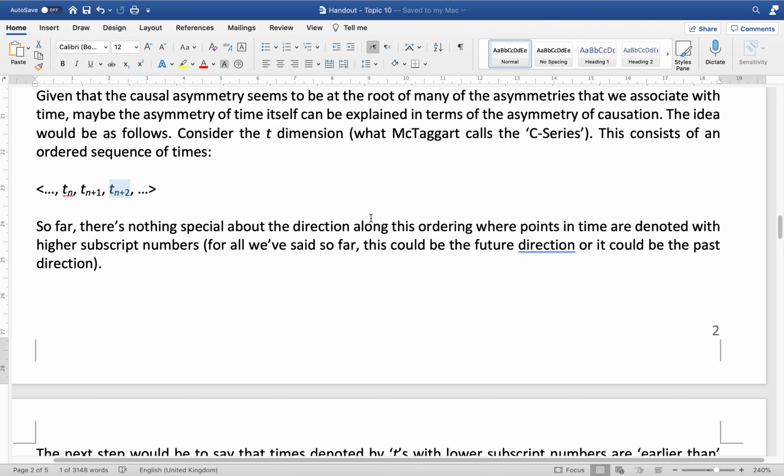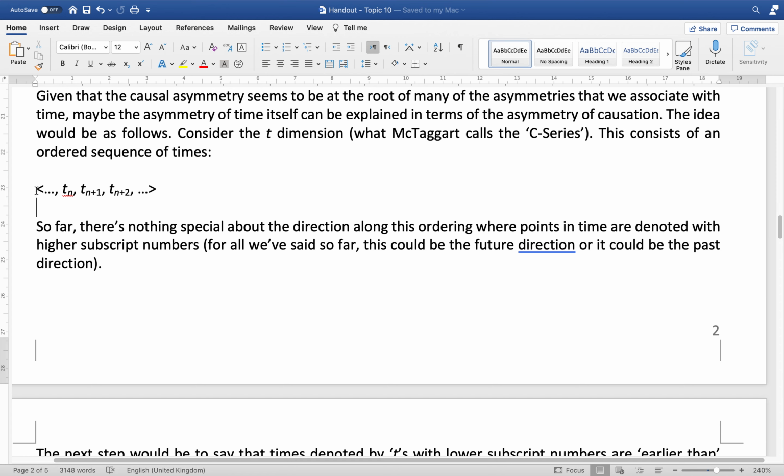So if we sought a reduction of the direction of time to the direction of causation, presumably we would say that it's the t's with lower subscripts that are the earlier times if events that occur at times denoted by t's with lower subscripts tend to cause events at times denoted by t's with higher subscripts.